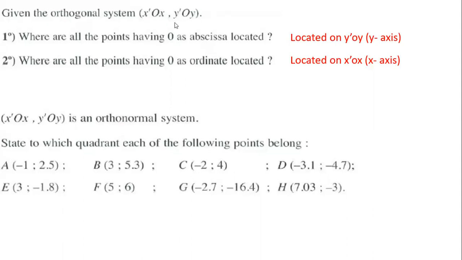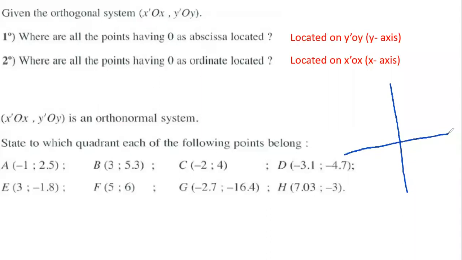Wait, before you start Dalal, let me help you with something. This is the orthonormal system of axes, right? I am drawing now. Let me draw it again. So, to solve such a question, I advise you to always draw an orthonormal system of axes on a draft.